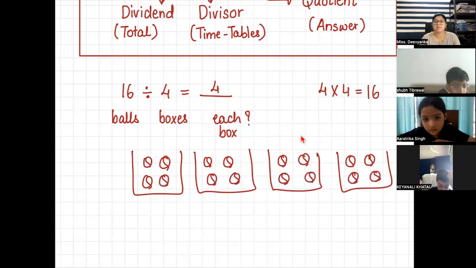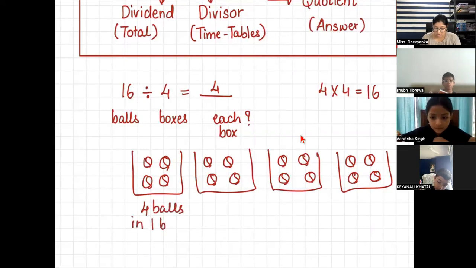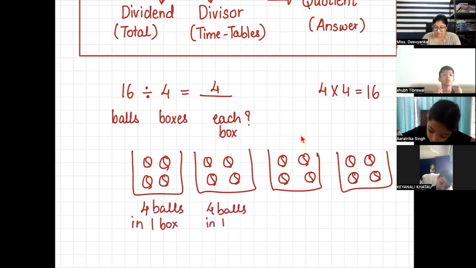Is that correct? So in each box, we got 4 balls in one box. Again, here also 4 balls in one box. So how many boxes in total? Box 1, box 2, box 3, box 4.